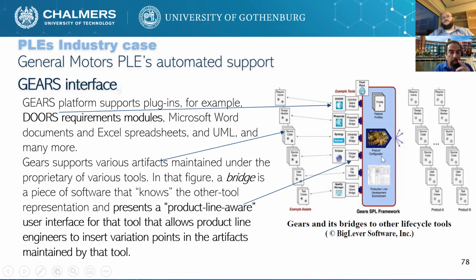So this way, General Motors does not have to go to each vendor and tell them, oh, by the way, we use Gears, we have to have this requirement and specification. No, they tell them, do it in any tool you want. We'll just develop the plugin and we will take it, translate it, and use it as it is.